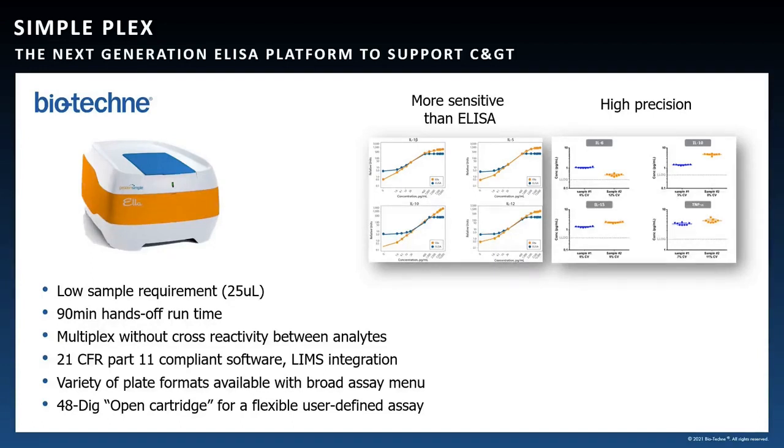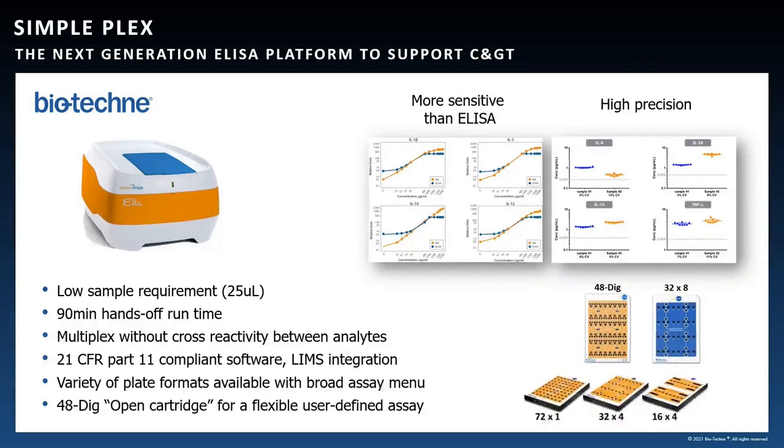With SimplePlex, you can multiplex with confidence and without concern of cross-reactivity due to the geography of our proprietary microfluidic plates. These plates come in a variety of formats shown on the bottom right to provide sample input and analyte flexibility, supported by a broad assay menu. We even have an open cartridge format for those who want to take assay development into their own hands.